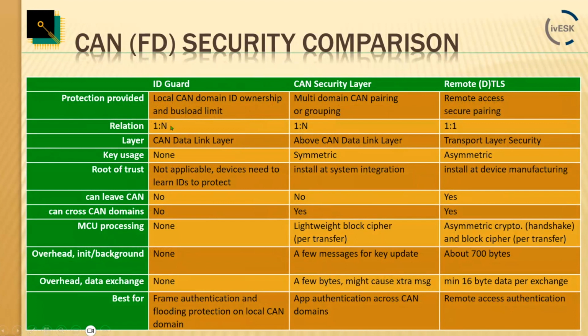Also interesting here is the relationship: DTLS is purely one-to-one, and many of the other security solutions, even those currently being worked on, like in CAN-XL security, are one-to-one, meaning you need one individual security channel for each secure communication that you want to establish. Whereas with the ID guarding and the CAN security layer, it's always a secure grouping that you try to achieve, where multiple devices come together in a group.